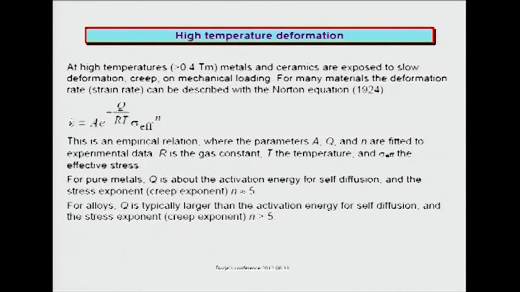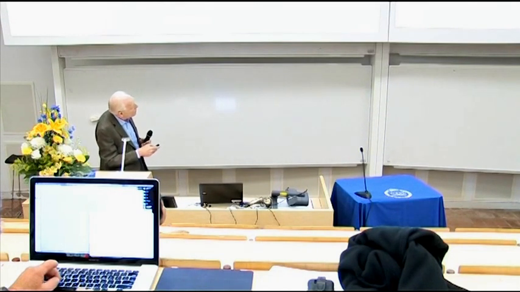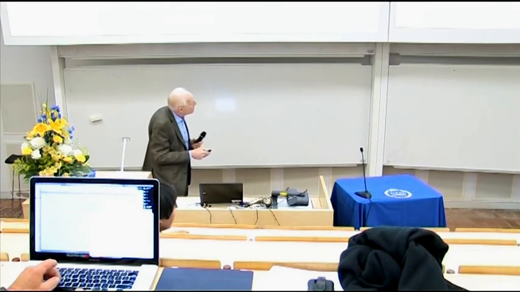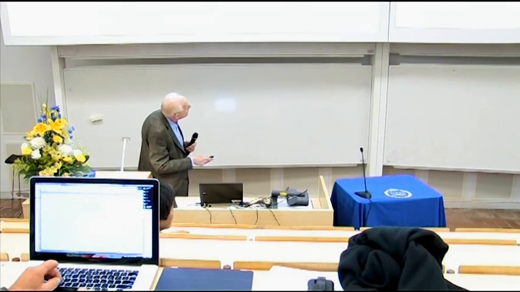Now, this equation is about the same age as the Schrödinger equation, and it can be said that it plays almost the same central role for high temperature deformation as the Schrödinger equation for quantum mechanics.